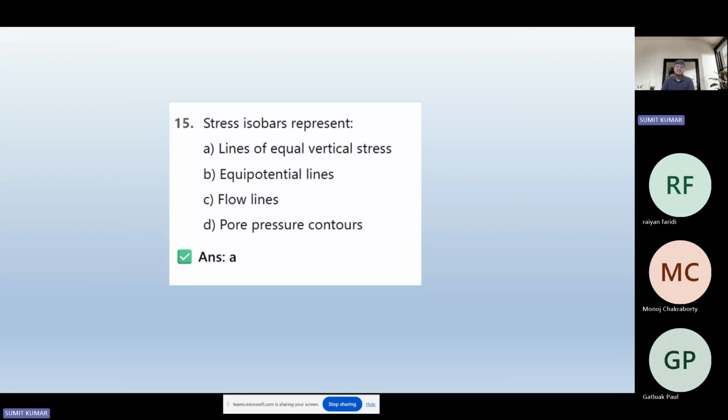Now, stress isobar. Stress isobar represents the lines of equal vertical stress. Whenever the term isobar comes, it means it is connecting equal points. So you see isoplethes and many more terms in civil engineering.